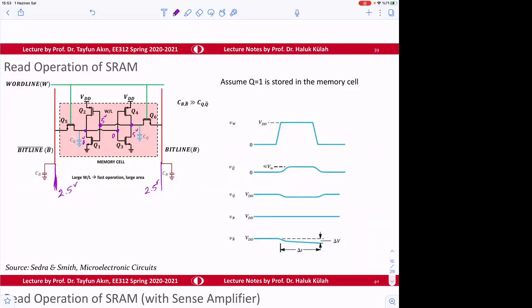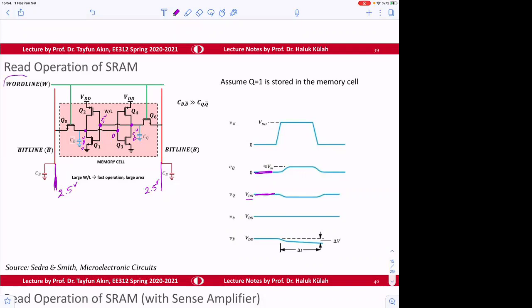So then, we have 2.5 volt on the bit line, and 5 volt at the other point, VQ. What is VQ? The voltage of Q and voltage of Q bar. So the voltage of Q is going to be VDD, and the other one is 0. Okay, so the data is stored like that.